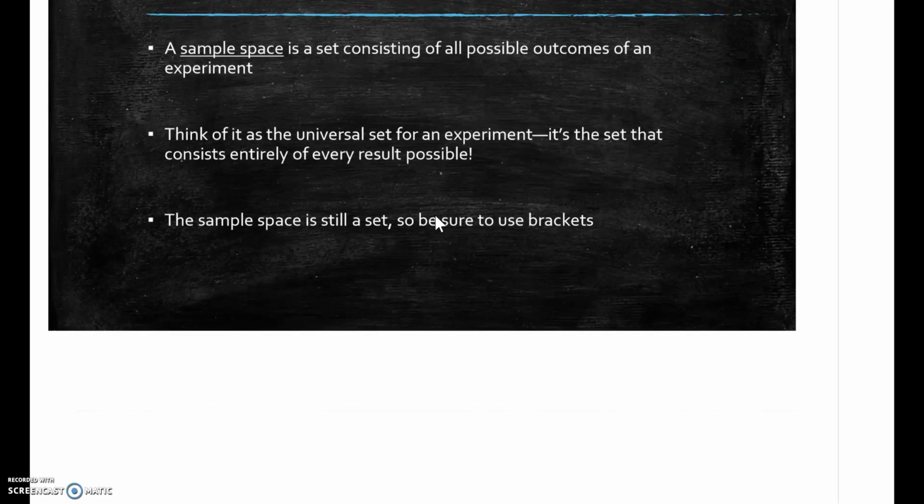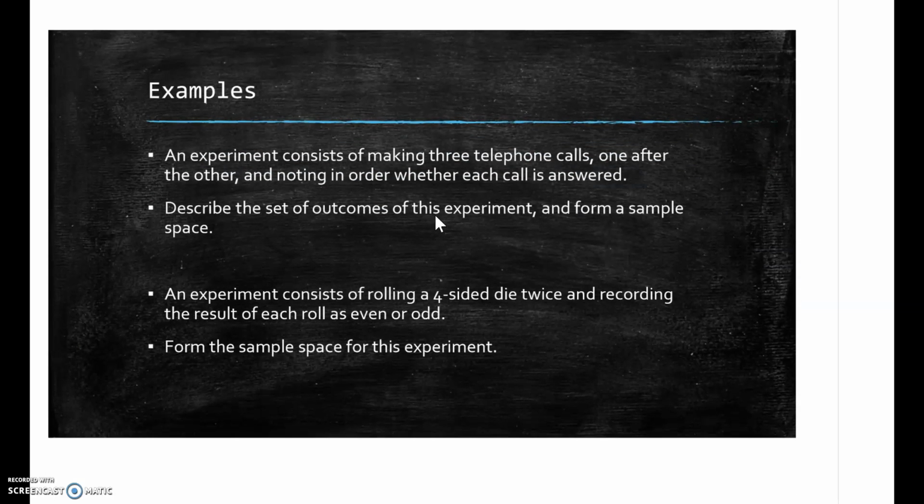So let's try a couple of examples here. An experiment consists of making 3 phone calls. We're going to call 3 people, one after the other, and noting in order whether each call is answered. So we are going to describe the set of outcomes of this experiment, and we are going to form a sample space. Describing the set of outcomes, we don't need to get too terribly crazy. Just kind of talk it out with yourself.